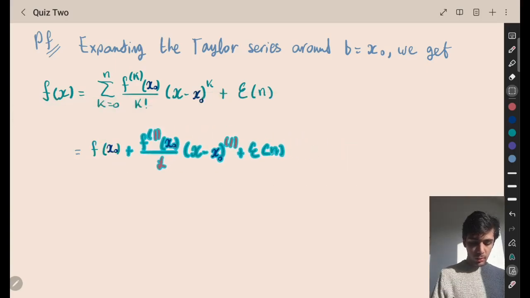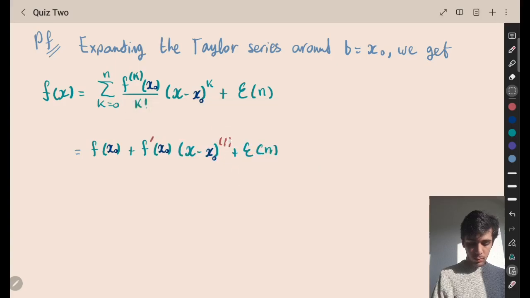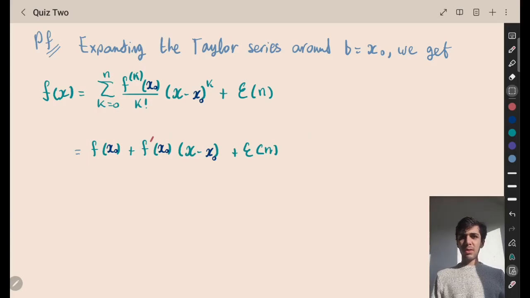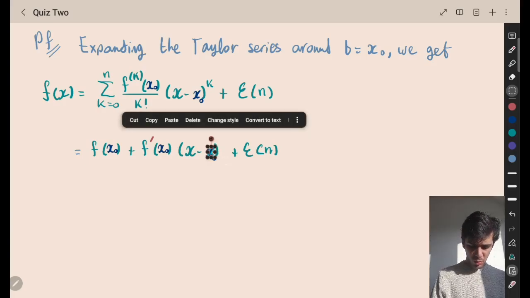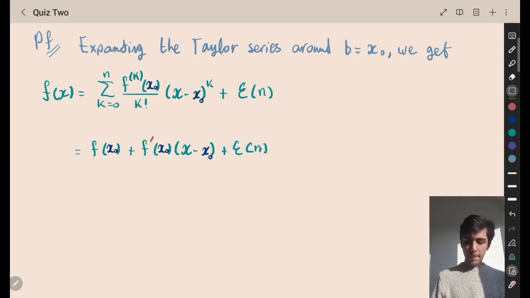And now I'm adding the following. f prime of x0 is the first derivative. And something to the power of 1 is just the thing itself. So this is what we have.